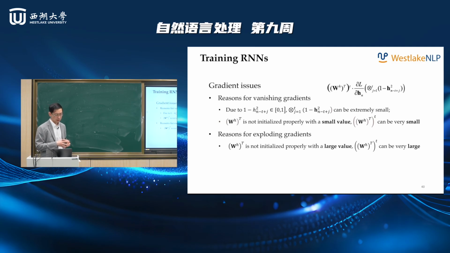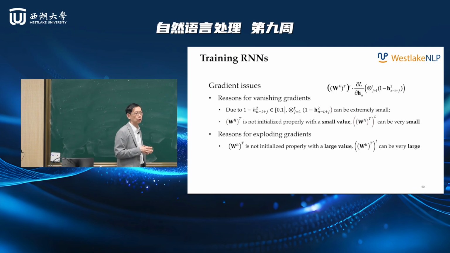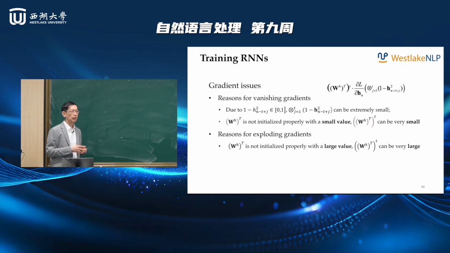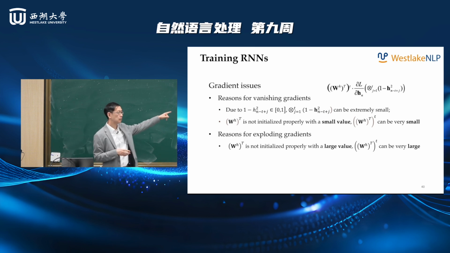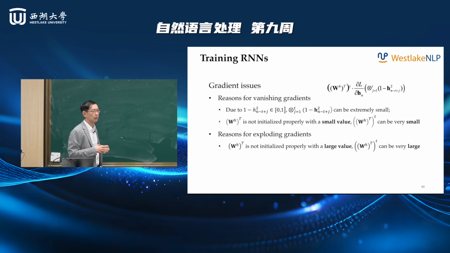This is called exploding gradients, okay? Gradient explosion. So neither situation is what we want, okay? So I just explained W to you, but there are these products as well, right? Inside the product, HT will also play a role.